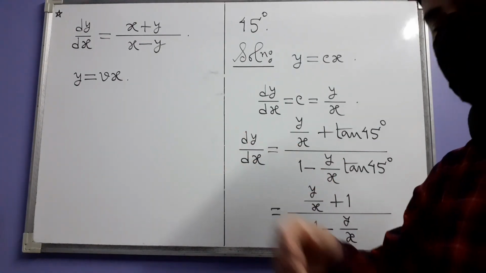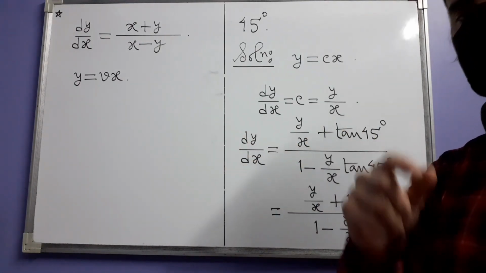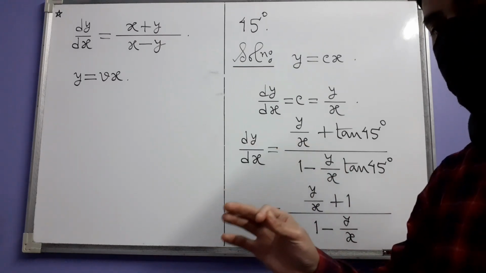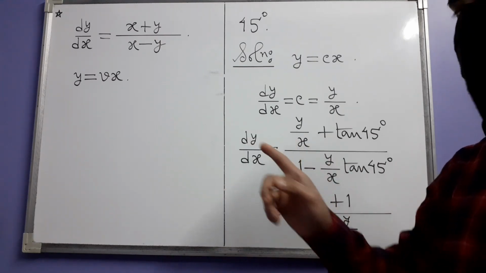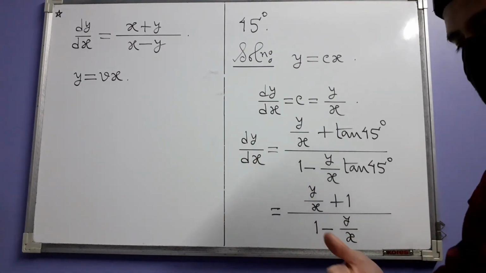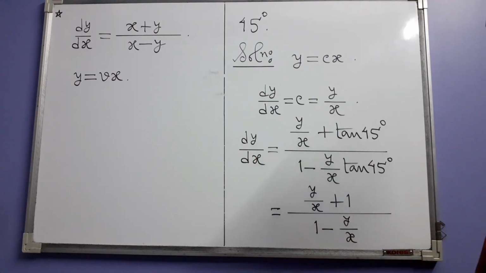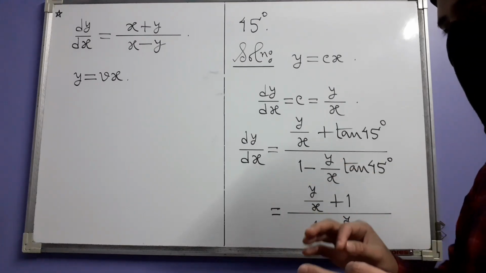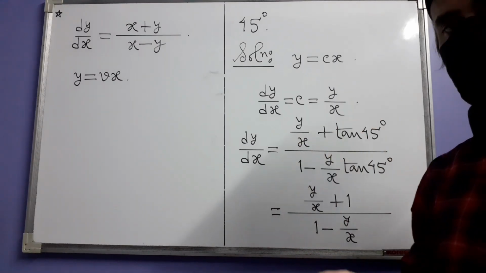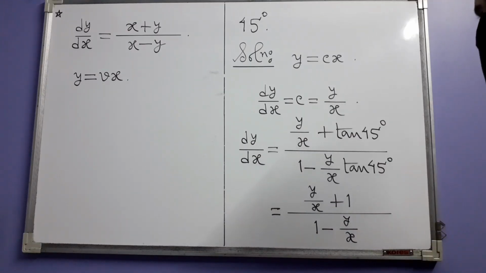And then you solve that equation. Find a one parameter family of solutions where there will be the variables v and x. You then eliminate v, you bring y back, and then that will give you a one parameter family of solutions, each member of which will be an oblique trajectory to our original family of straight lines.